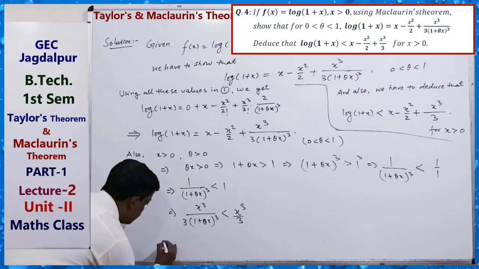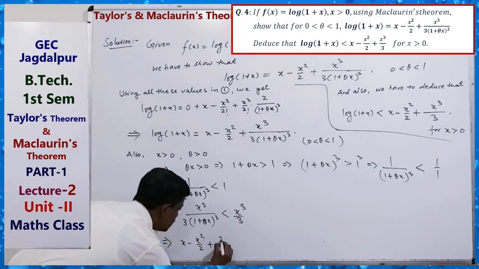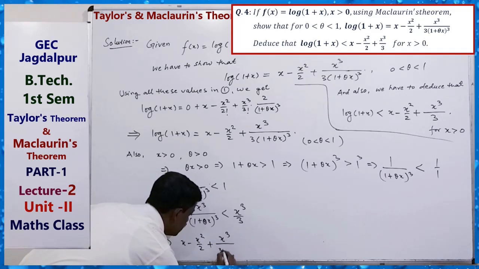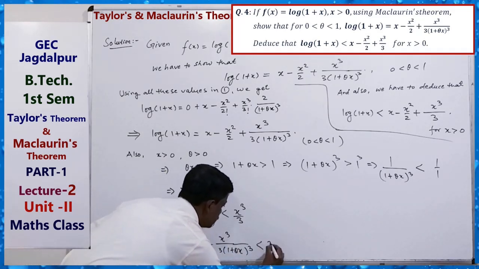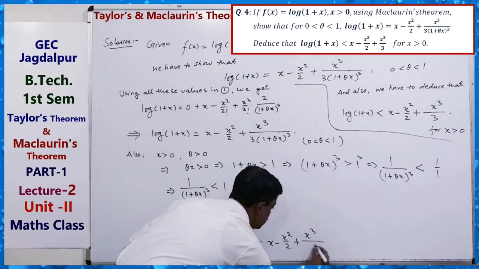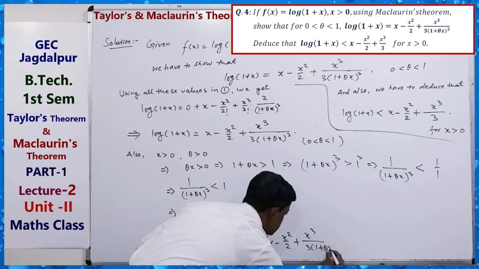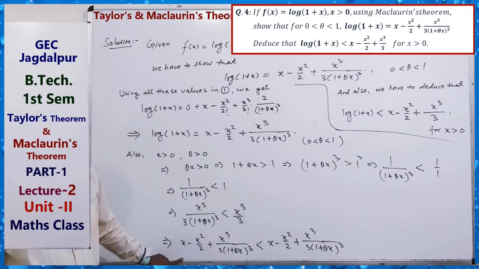Now we can add on both sides: x minus x square by 2 plus x cube by 3 (1 plus theta x) cube is less than x minus x square by 2 plus x cube by 3.